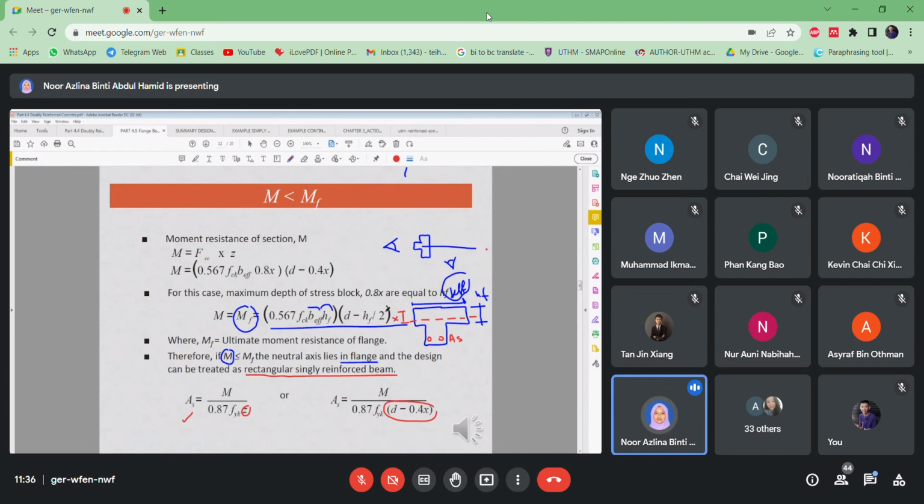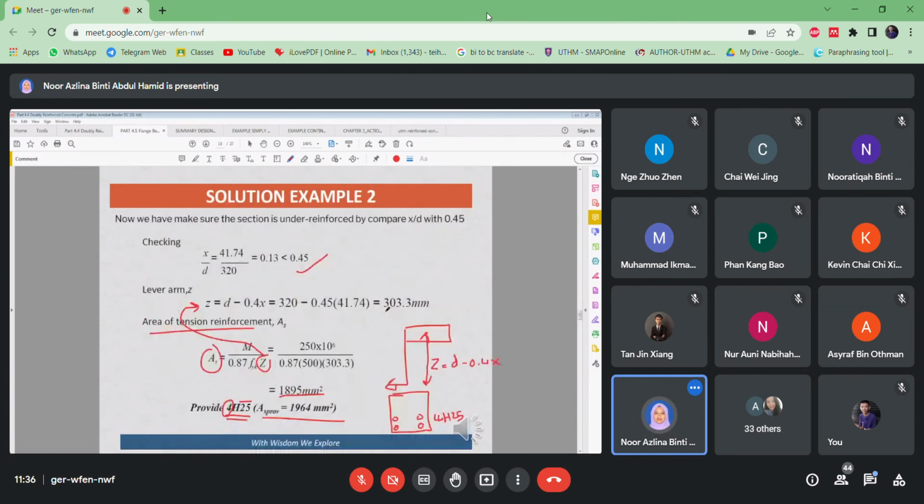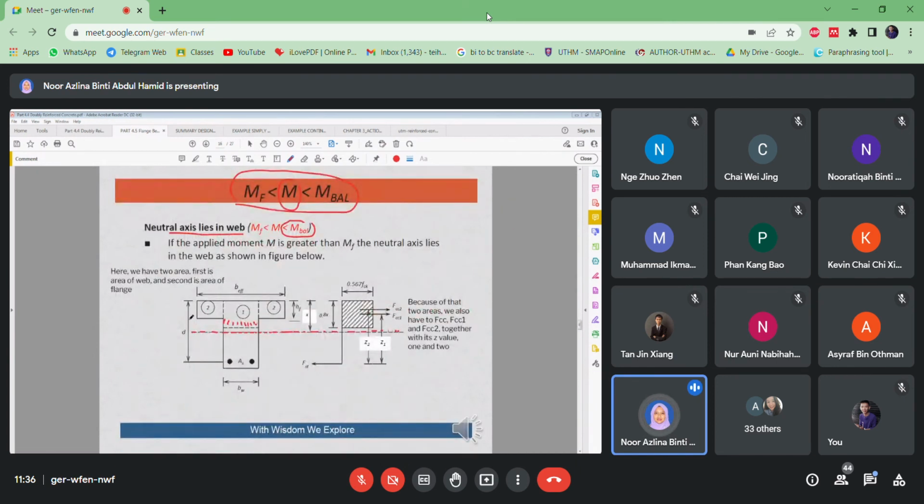Okay, but the second condition here, once the neutral axis is at the web here, the compression area consists of two areas, the area for the web and the area for the flange. Okay, this is concrete at the flange, this is concrete at the web.